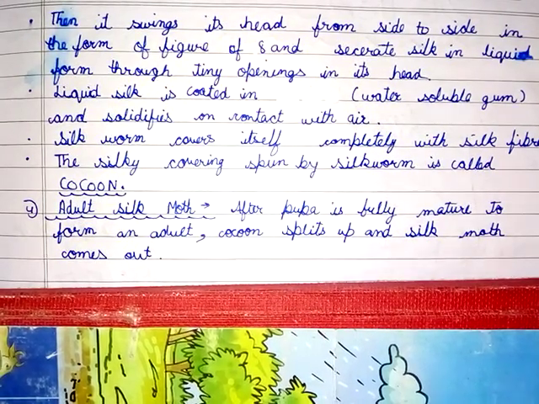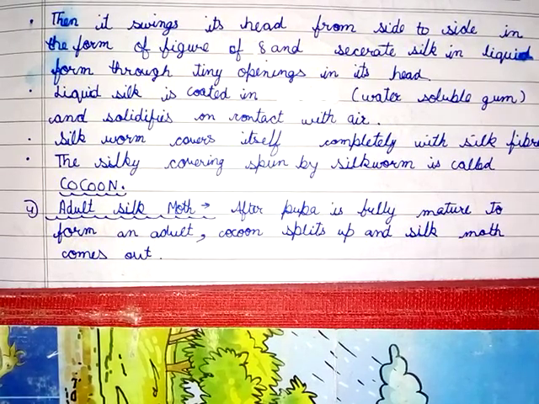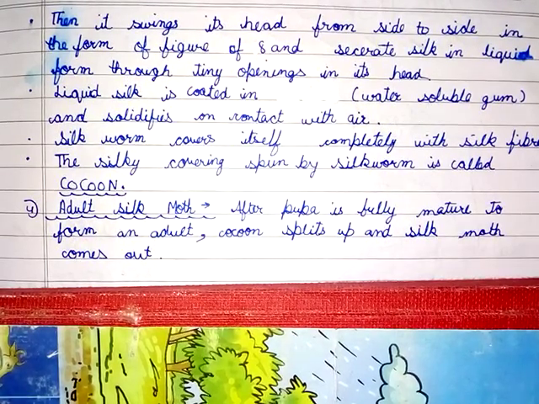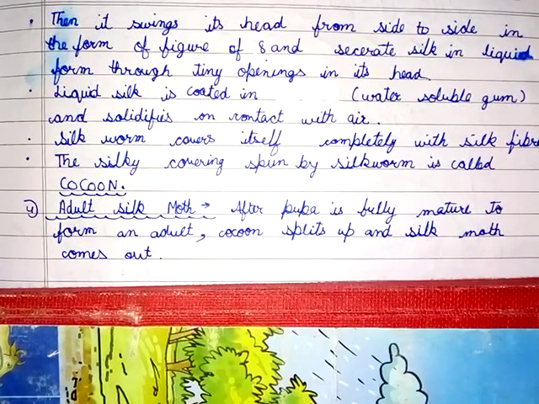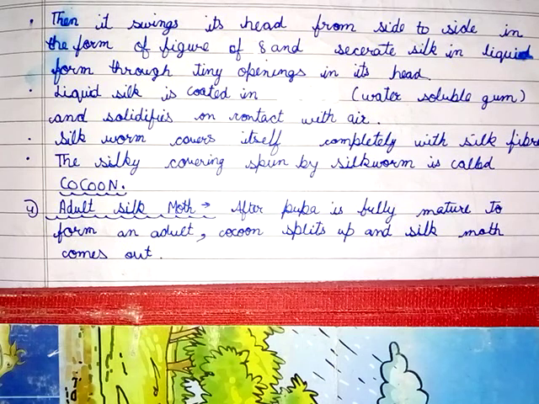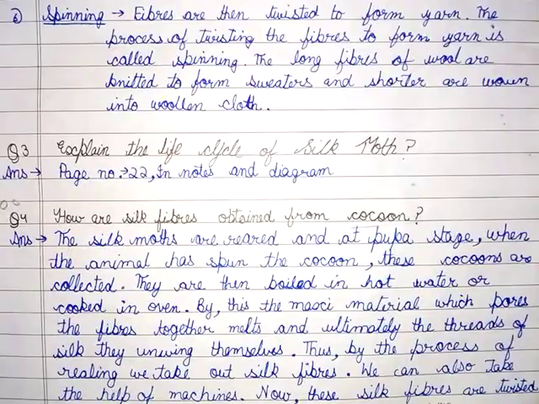Liquid silk is coated in water-soluble gum and solidifies on contact with air. Silkworm covers itself completely with silk fibers. The silky covering spun by silkworm is called cocoon. Adult silk moth. After pupa is fully mature to form an adult, cocoon splits up and silk moth comes out.